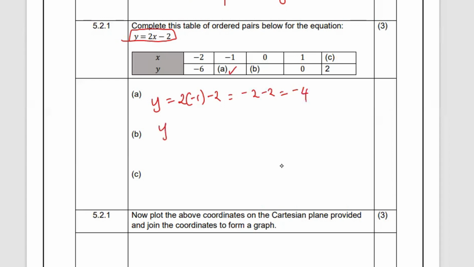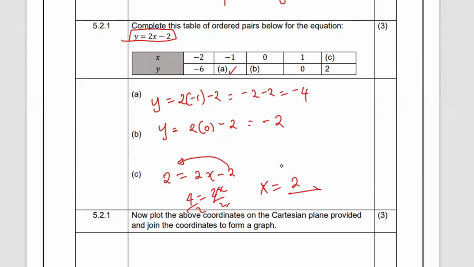For the B, where there is x, we put a 0. So 2 times 0 is 0, 0 minus 2 gives us -2. For the C, I'm going to replace y with a 2 because we're looking for the input. Let's move this to that side. It's going to be 2 plus 2, which is a 4, is equal to x. Then divide both sides by 2, which means x is just a 2. So that is how 5.2.1 would be answered.